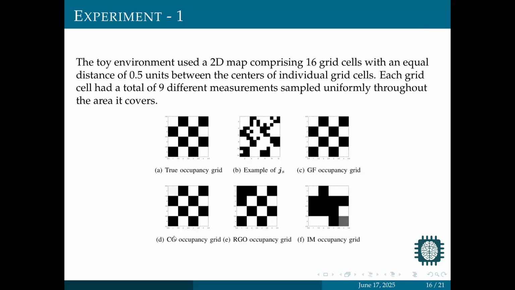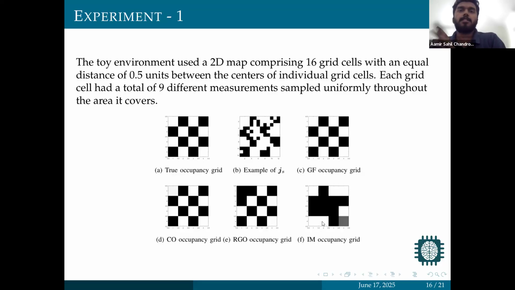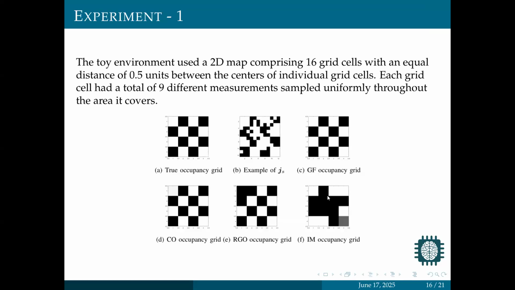And the CO is that one approximation that I previously mentioned, and it also predicts this one. And the RGO is the other one. And the IM over here is basically when CO and RGO compress down to a single grid. So essentially each grid measurement is independent of the other one.